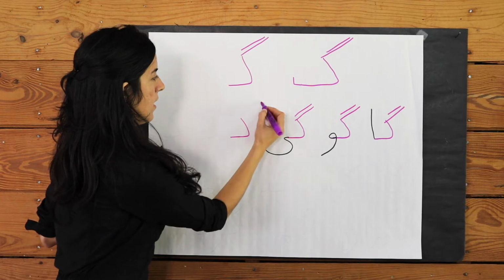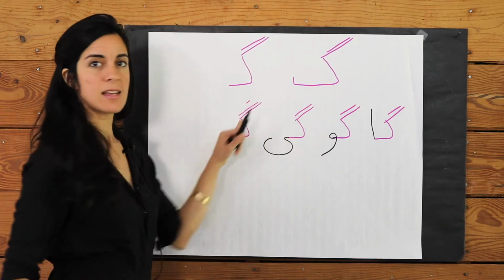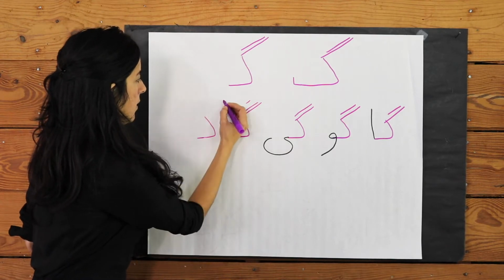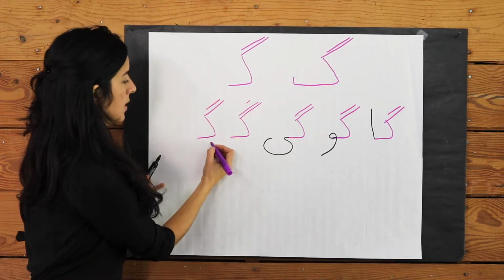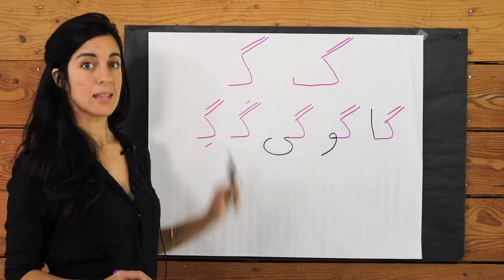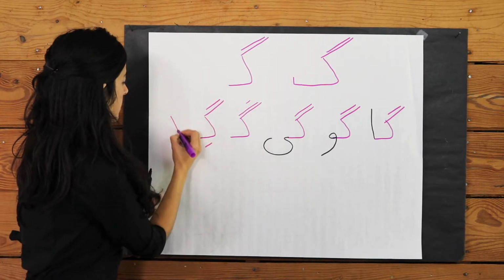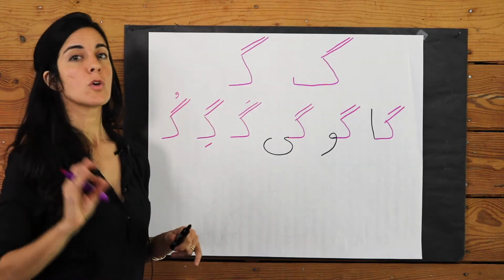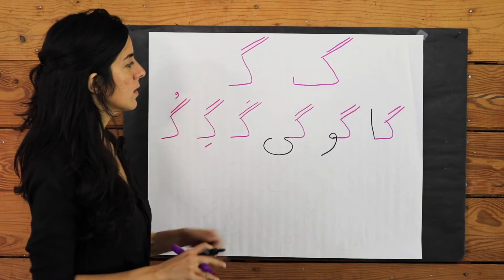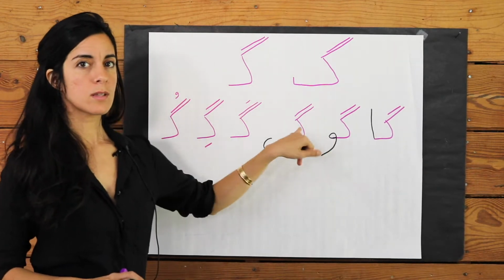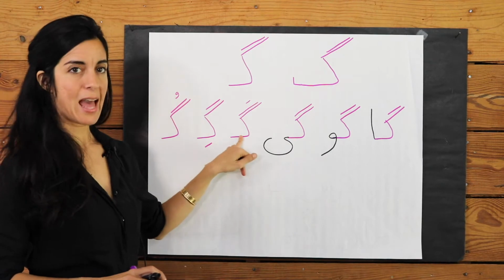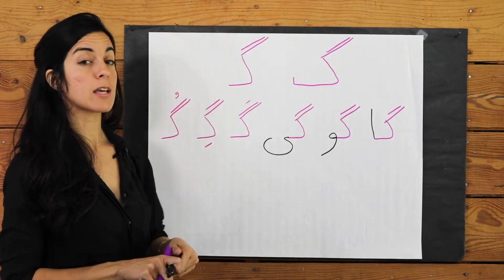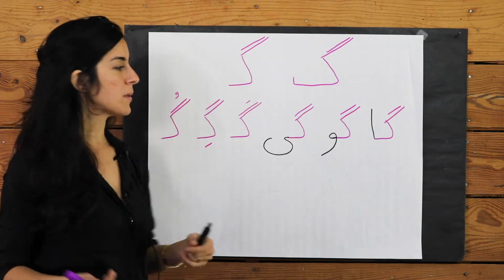And then ge with our a accent is ga. Ge with our e accent is ge. And ge with our o accent is go. So ga, gu, gi, ga, ge, go. And just as we do, let's practice learning a few words with each of these combinations.